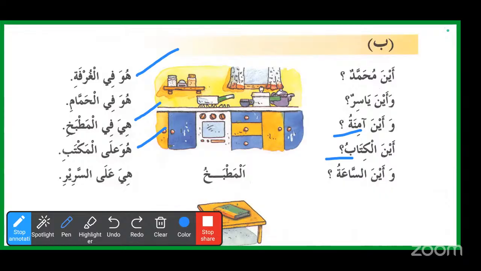There are easy clues. For example, the first clue is that whenever you have ta marbuta at the end of a word, that is a feminine noun. Or if you have alif maqsura, you know what is alif maqsura?